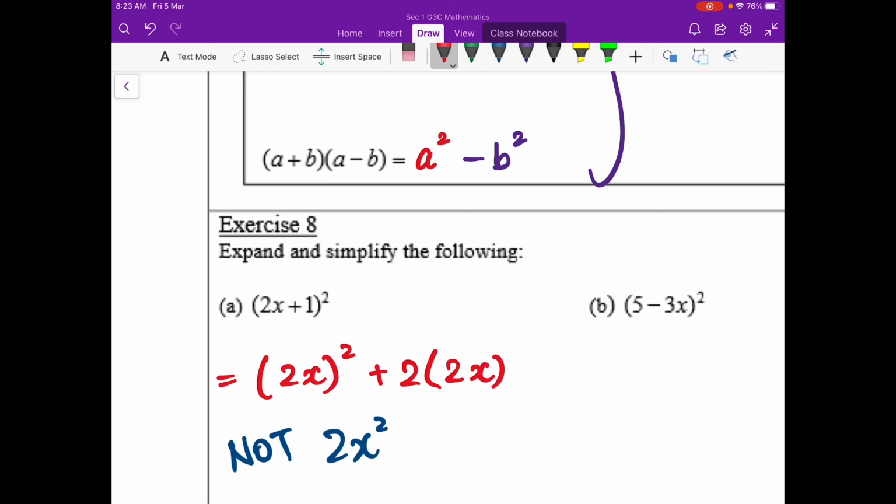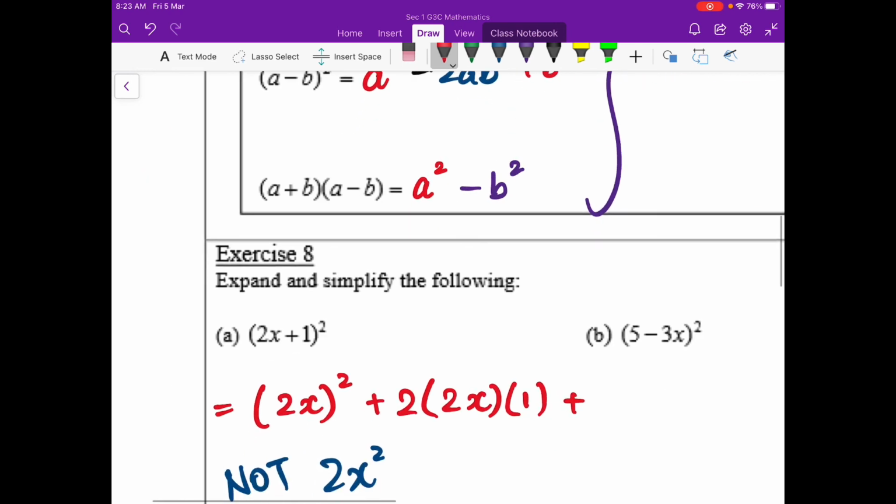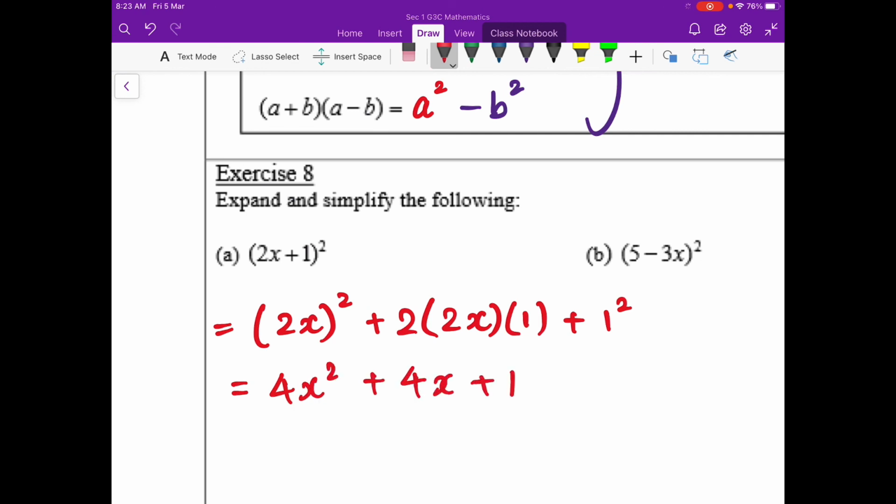Multiplied by the second term. The second term is simply 1. Whether you write it or not, doesn't matter. And then we add. The final one will be B squared. You square the second term in the bracket, plus 1 squared. You didn't need to do that also. You can just write 1, because 1 squared is just 1. So in summary, our answer here will be 4x squared plus 4x plus 1.